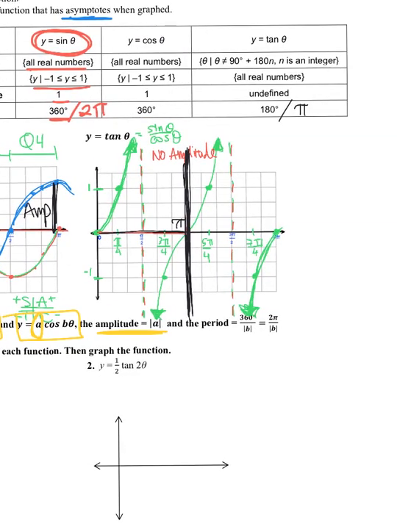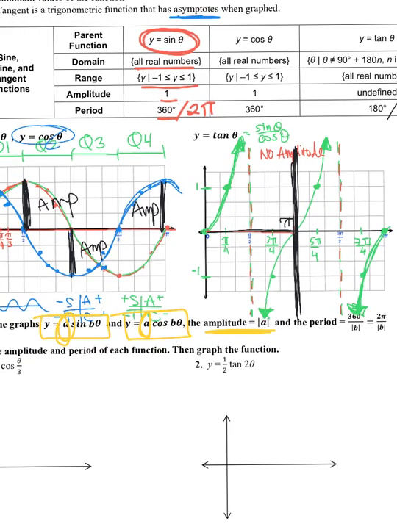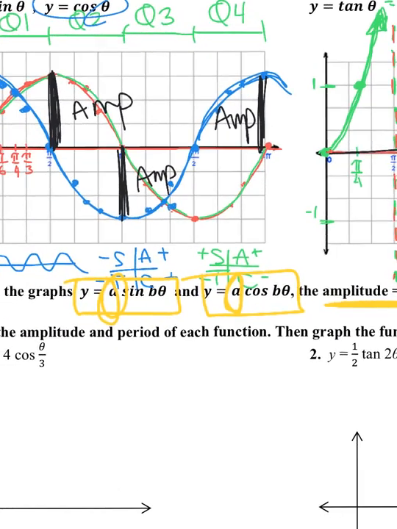And the period will change if you have a number multiplied inside the trig function, so being multiplied with your theta. So this one, like right here, this b right here. So when it's multiplied outside the trig function, it affects the amplitude. If it's multiplied inside the function, that affects the period.